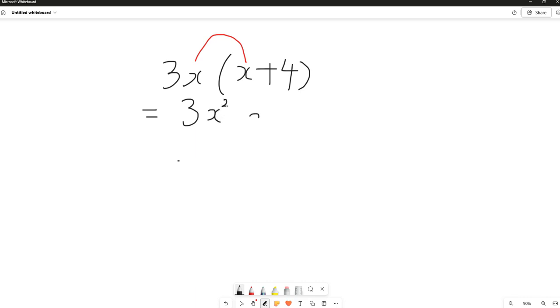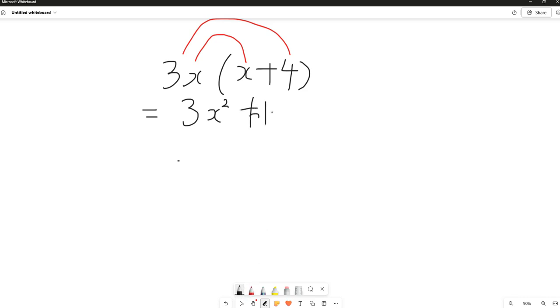Now I always advise students, when you do such a multiplication, just look at the numbers and then the x's and the y's separately. Don't lump them together if you're unsure. The next thing is our 3x times positive 4. Obviously 3 times 4 is 12, right?